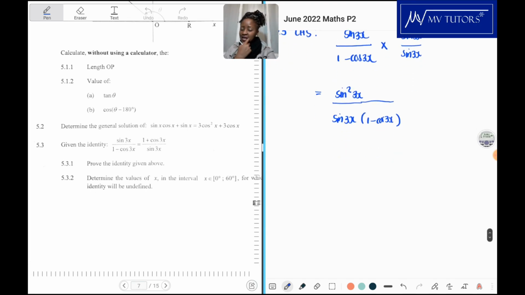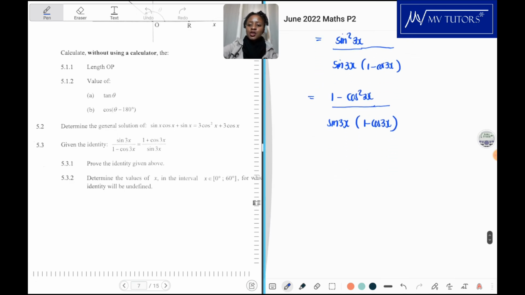So if I have sine squared, I'm thinking of my identity where sine squared of an angle plus cos squared of an angle is equal to 1. So I can transform the sine squared into 1 minus cos squared 3x. Is it starting to form shape now? I hope you see it.